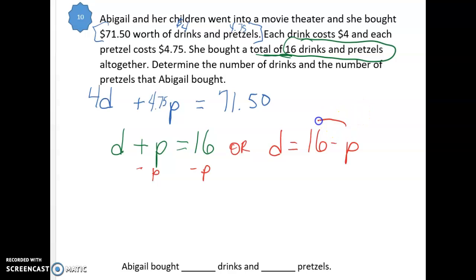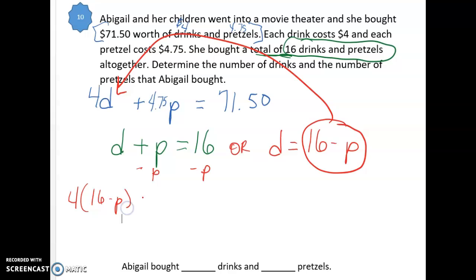So then I can take my value for D and drop it in place of D in my equation. Okay, and then I'm going to rewrite that. Instead of D, I'm going to put parentheses 16 minus P, plus 4.75P equals 71.50.